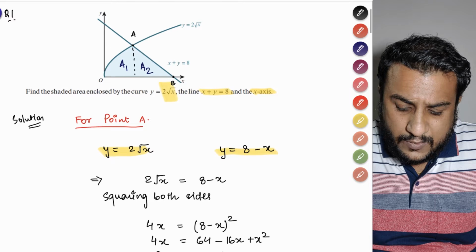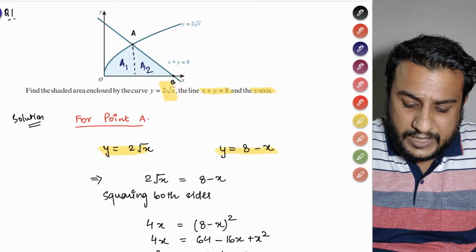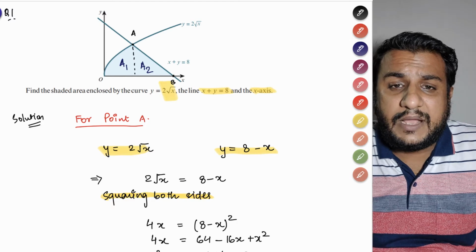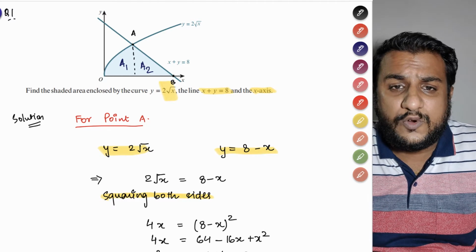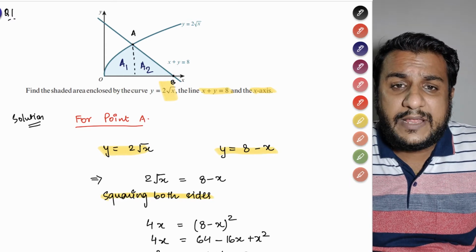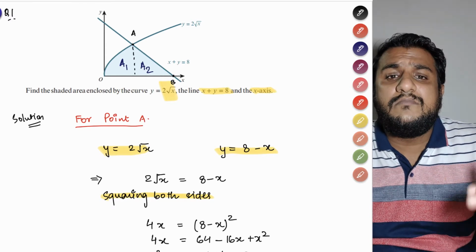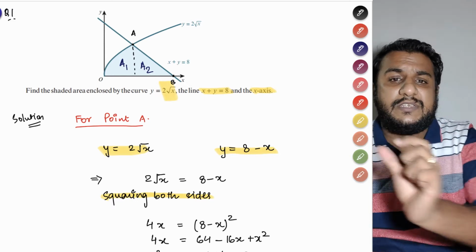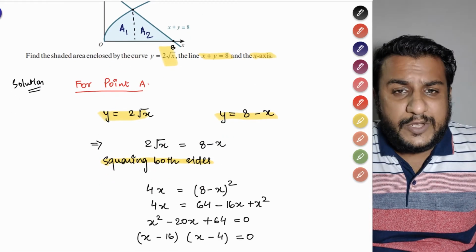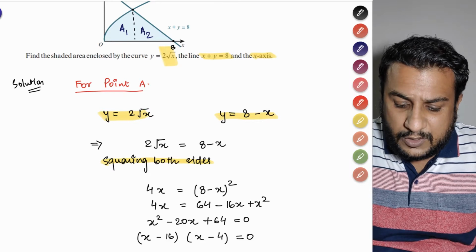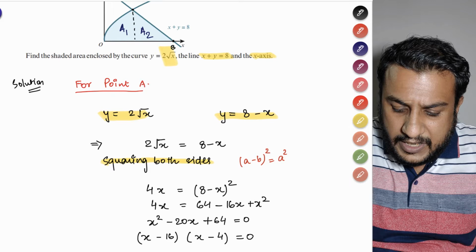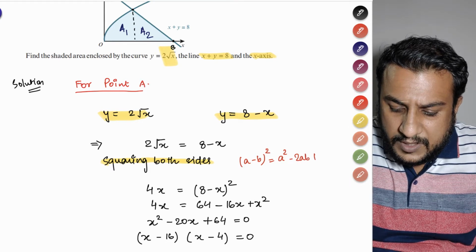Now squaring both sides. At times students make the mistake of writing (8 minus x) whole square as 64 minus x square, which is wrong, because you are squaring the whole term 8 minus x, not individually. So (a minus b) whole square is a square minus 2ab plus b square.